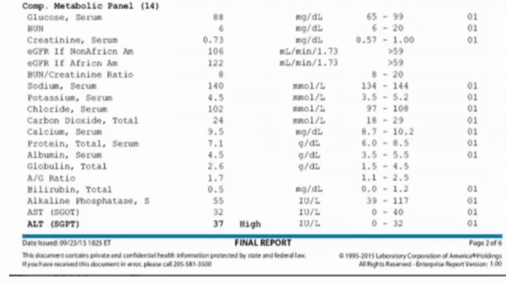So in this panel, you actually get a really good, or the best that we have thus far, representation of our kidney function and the function of our liver. And you can also look for signs of good nutrition, and I'll go into that a little bit.